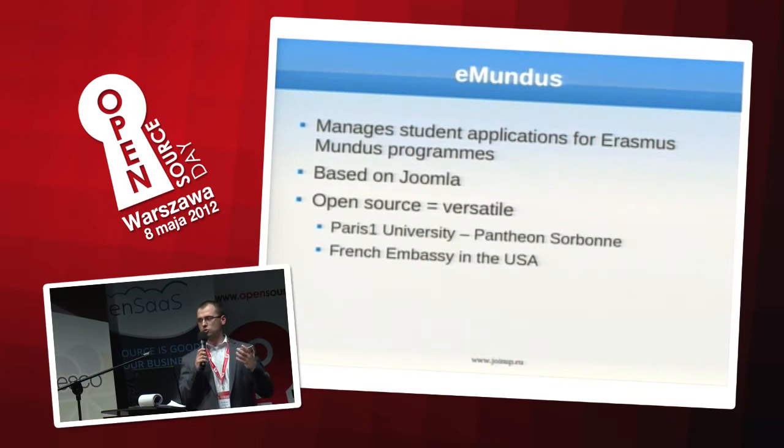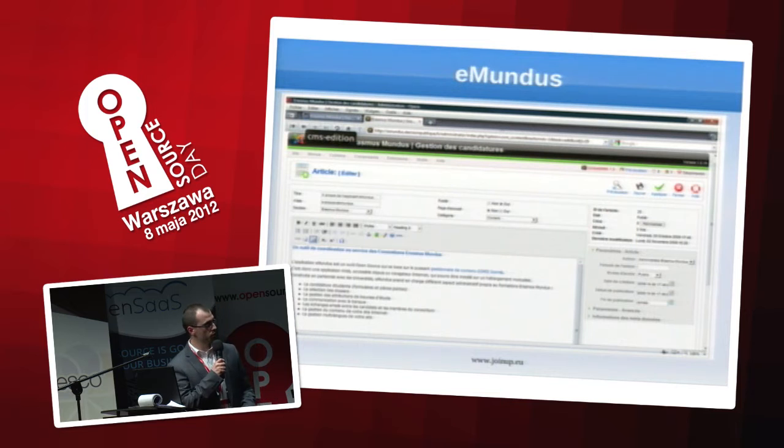However, because it's open source, it's quite versatile. And it's currently used by the University Sorbonne for their temporary teaching programs, and also by the French Embassy in the US for their scholarship programs. We have a little screenshots of the Imundus.